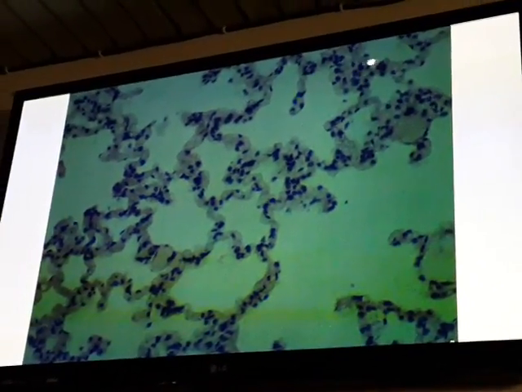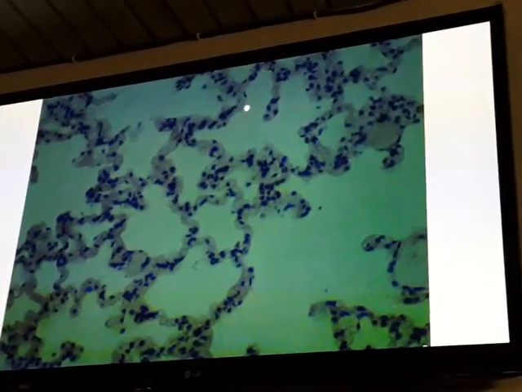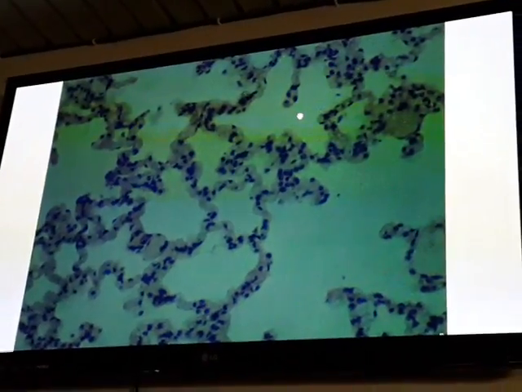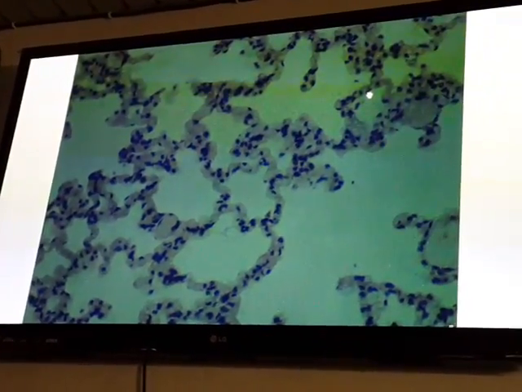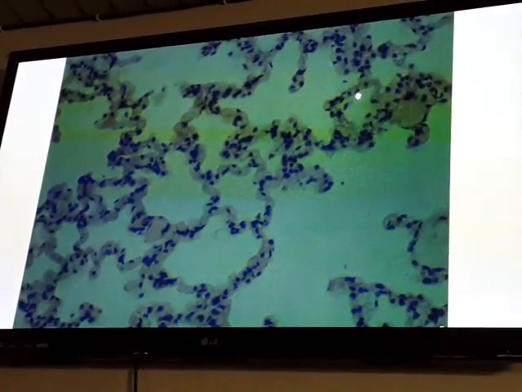We have three types of cells found in the alveoli. Type 1 or squamous alveolar cells. These cells are flattened and found at the surface of the wall. This is type 1 cell or squamous alveolar cell.